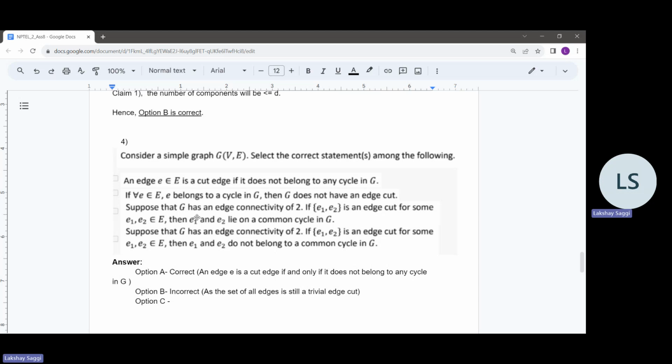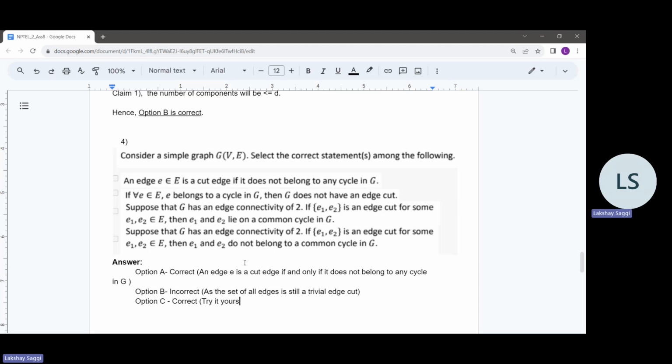Because if the graph has an edge connectivity of 2, deleting just E1 won't result in disconnection of G. Similarly, deleting just E2 won't result in disconnection of G. E1 and E2 both should together be deleted to result in disconnection of G. And so it can be easily seen that E1 and E2 should lie on a common cycle. Correct.